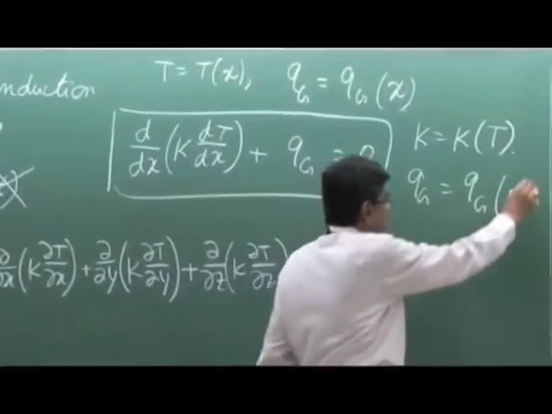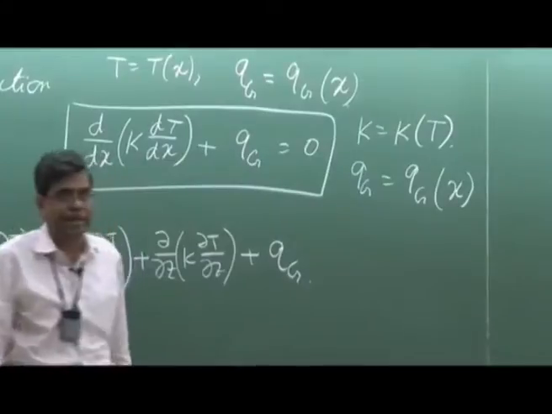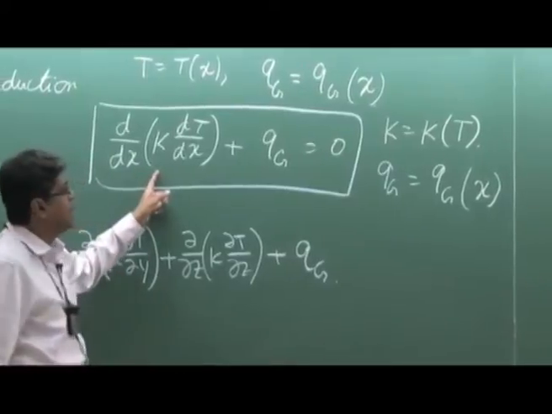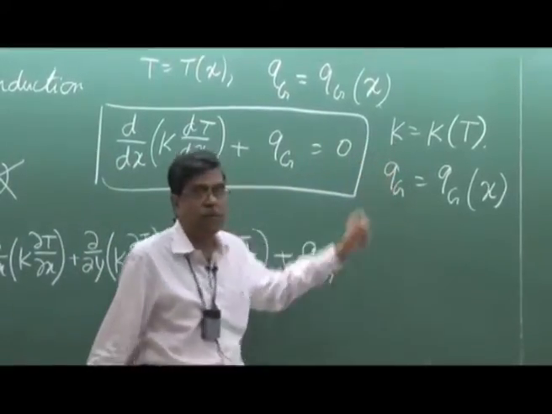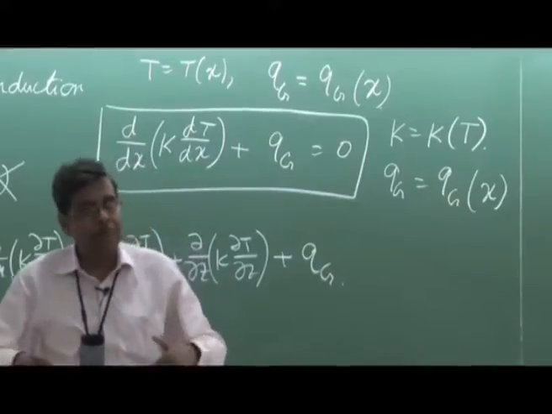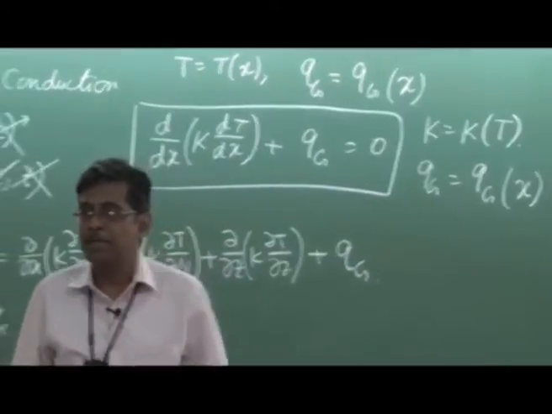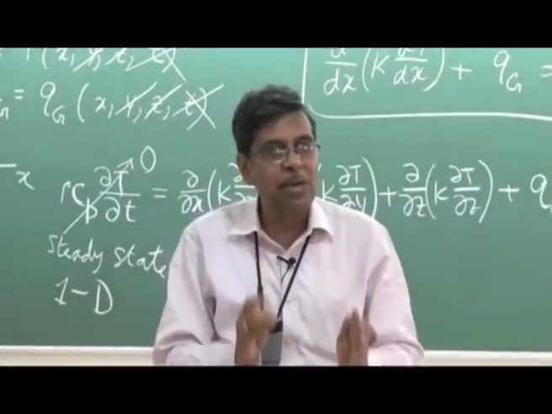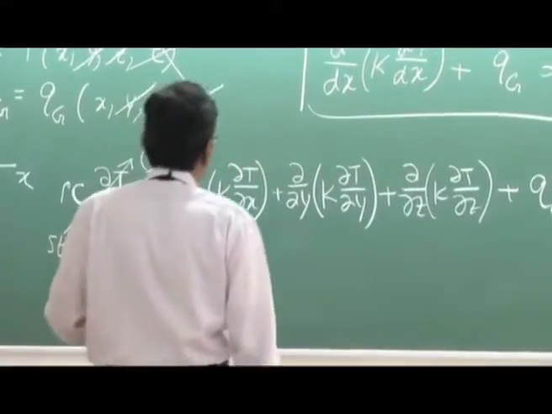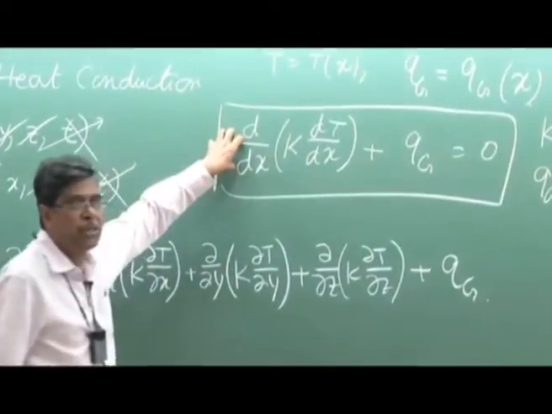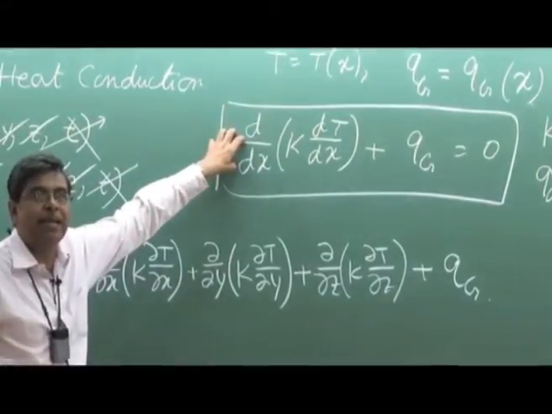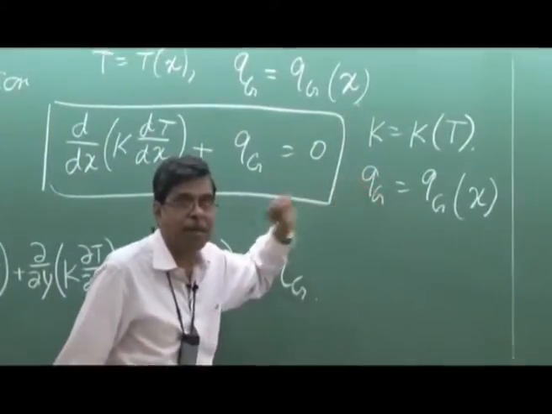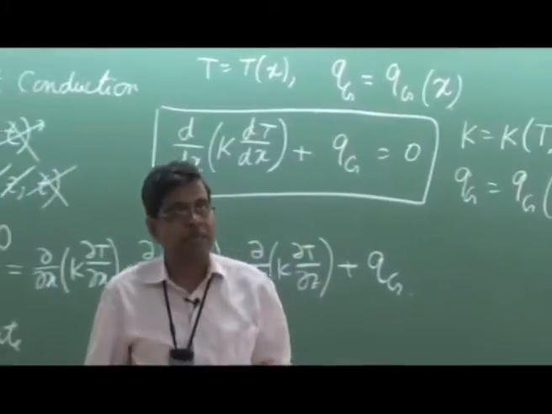So, therefore, here I write simply Qg as a function of x. If I know the explicit form of these functions, then only I can integrate this equation. So, what happens afterwards is purely mathematics. The concept of heat transfer as far as steady one-dimensional heat conduction ends here. When we know this equation, then the application under different situations with variable thermal conductivity with temperature, with variable thermal energy generation is the problem of mathematics.